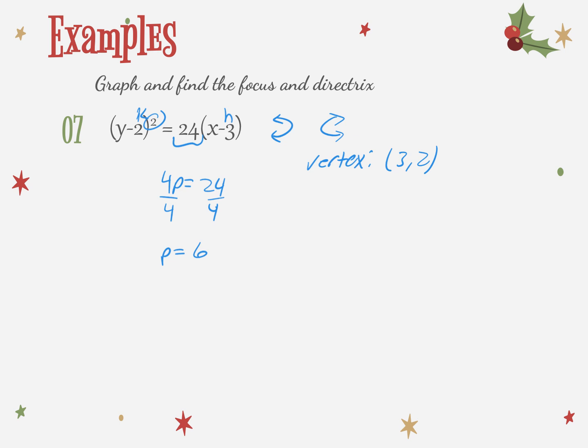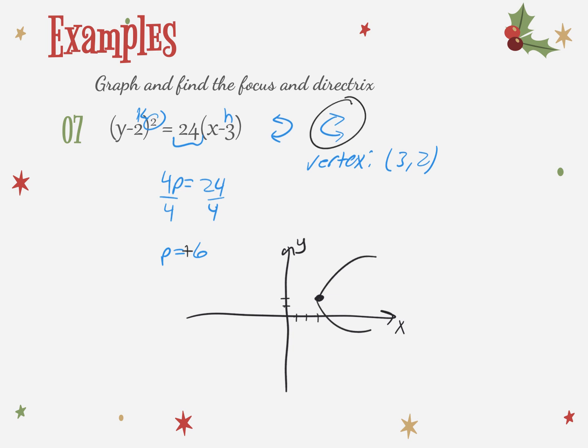So I'm going to go ahead and plot this on a graph. Right, so 1, 2, 3, 1, 2, we end up right here. And I know it's a right-left parabola, and since p is positive, I know it's going to open to the right. So then I'm going to go 6 units, 1, 2, 3, 4, 5, 6, to the right.